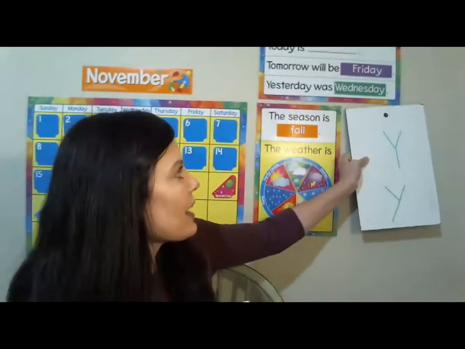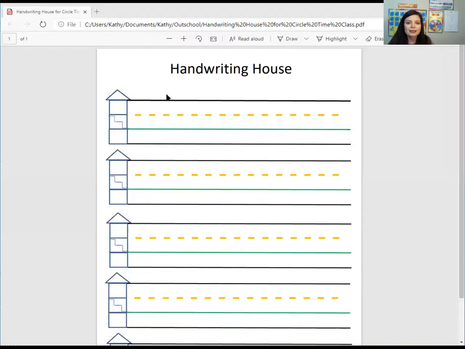So let's look on the handwriting house and see where to put that, okay? So we're going to make the little slide downstairs, and then we're gonna make the big slide all the way into the basement. This is a teenager letter. Remember, the teenager letters can go upstairs sometimes and sometimes even down in the basement like this one.